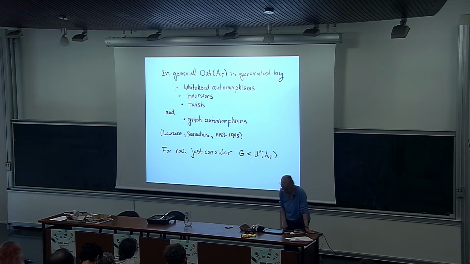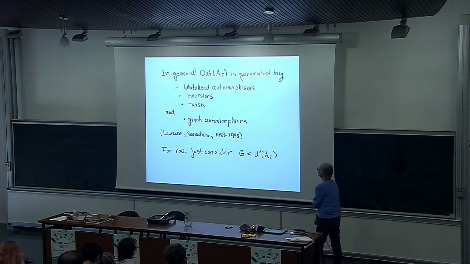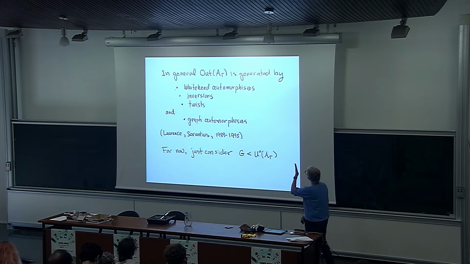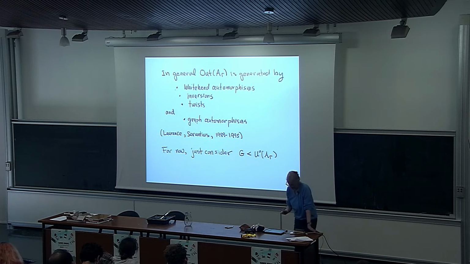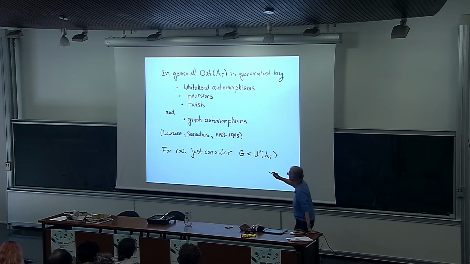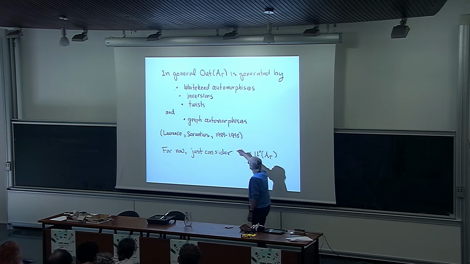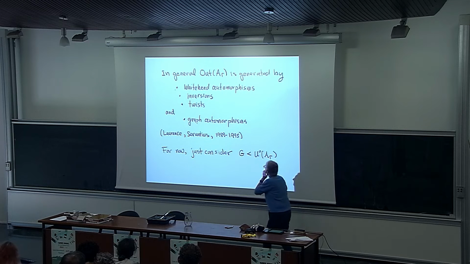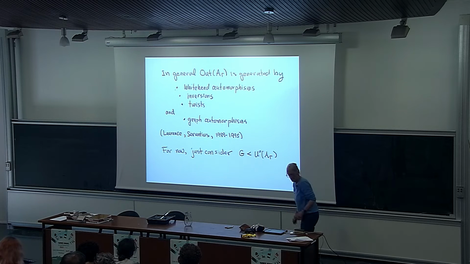But in general, there's a theorem that says everything in Out(A_Gamma) is a product of Whitehead automorphisms, inversions, twists, and that's not quite enough. You also need to include graph automorphisms, which we discussed at the very beginning. This was proved by Servatius in 1995 using work of Lawrence in 1989.